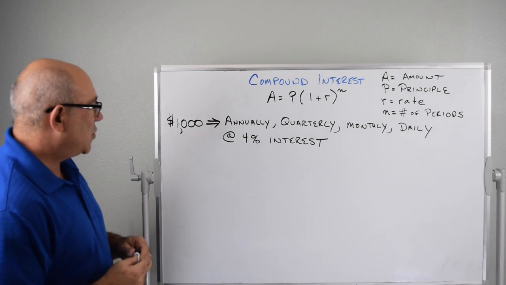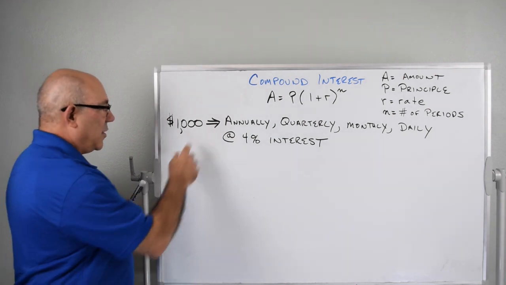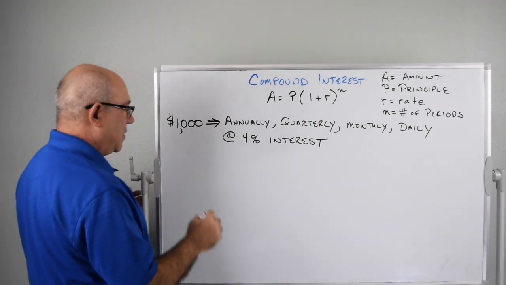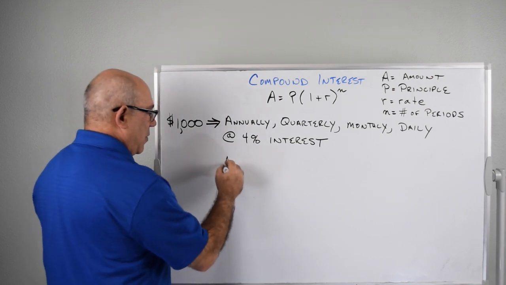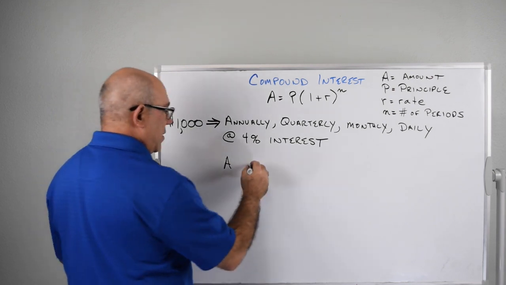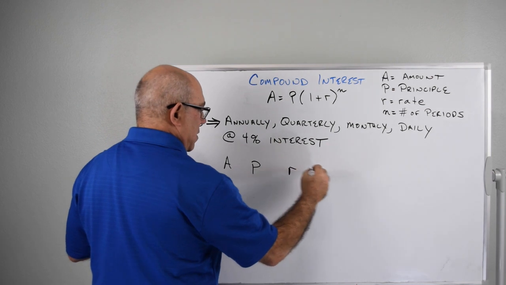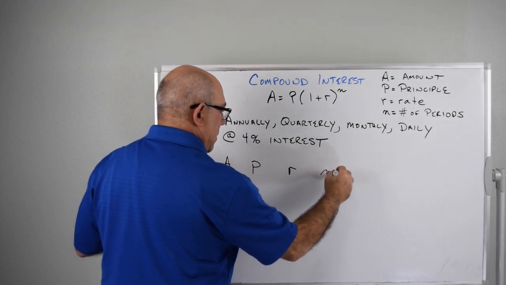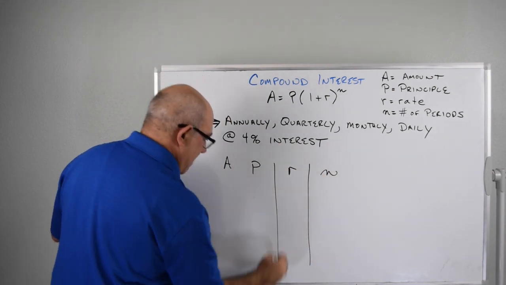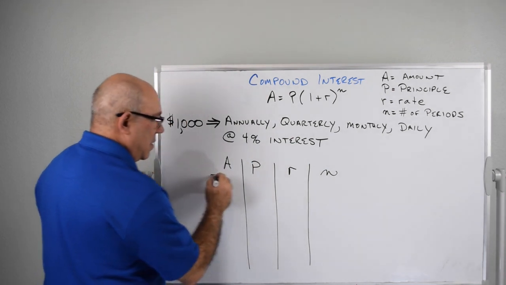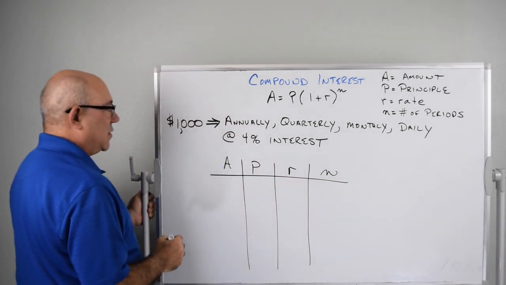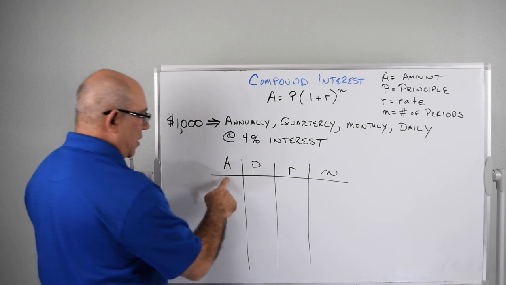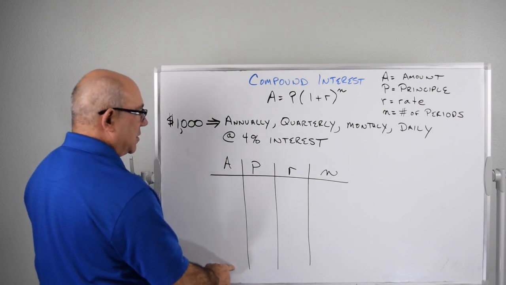Okay, so we're going to start with 1,000. The best way to do this is to start with a table, and we're going to put our variables here. And then we'll fill in the table, and we'll do some calculations to get there. So we're going to solve for this variable here, which is the amount.